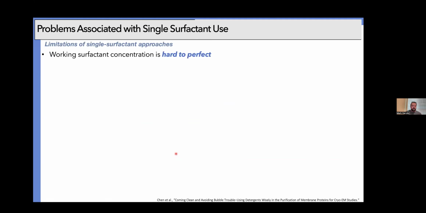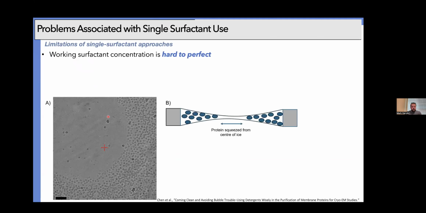So what we wanted to do, knowing that finding a working surfactant concentration is incredibly hard to perfect, is this. The reason being is that anytime you start to add a surfactant, you change the hydrophobic nature of the foil hole, the ice thickness, all these different things. And predominantly what people observe is this phenotype where all your particles get more or less pushed to the edge.